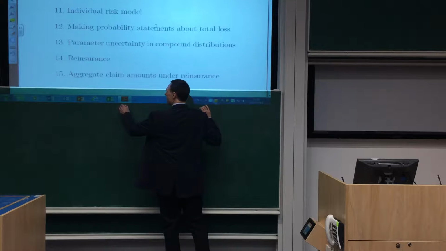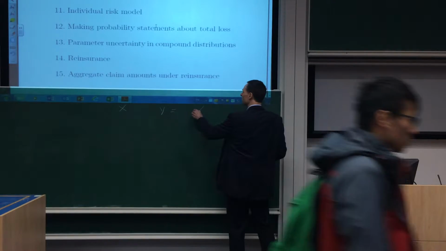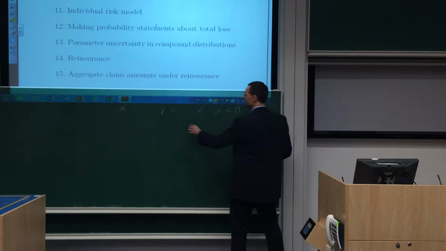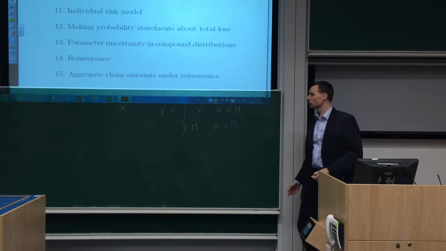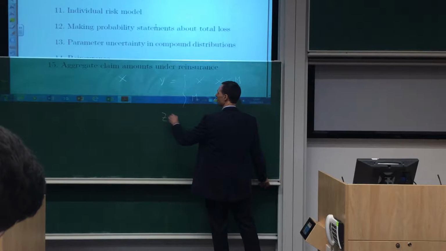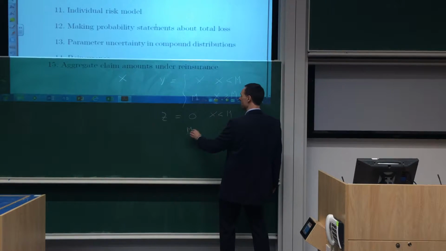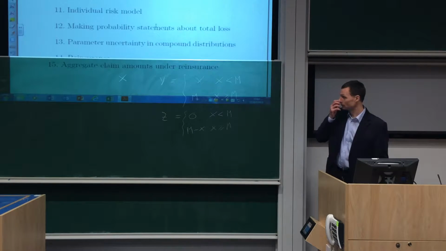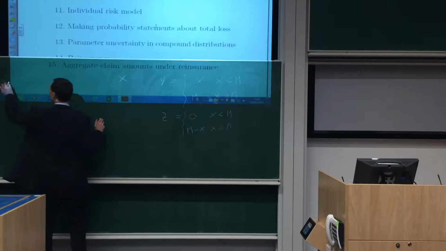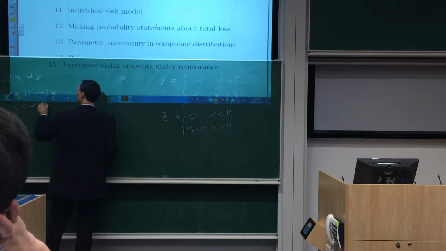The amount X was the claim amount, Y was the amount paid out by the insurer, which was X if X was less than M, and M if X was greater than or equal to M. We also had the amount paid out by the reinsurer, Z, which was 0 if X is less than M, and X minus M if X is greater than or equal to M. We also had proportional reinsurance, where Y was alpha X and Z was (1 minus alpha) X, where alpha was the retention level, between 0 and 1.